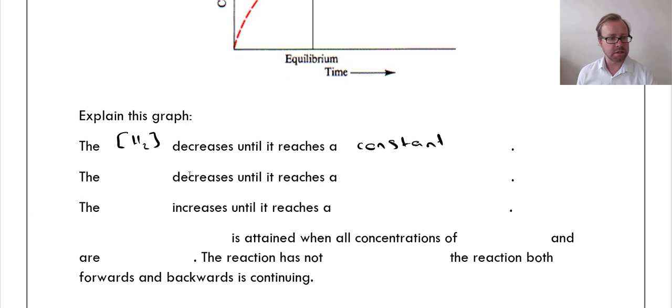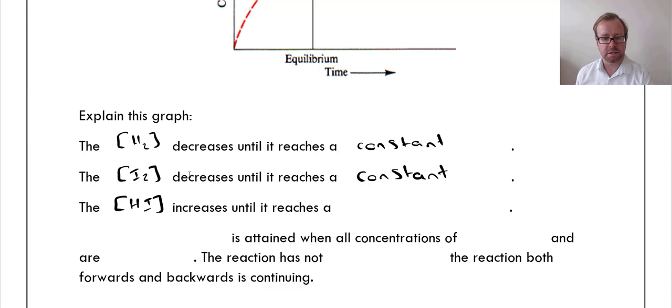For I2, we can say exactly the same. The I2 concentration decreases until it reaches a constant, and the HI concentration increases until it reaches a constant, which isn't surprising because we're making HI.